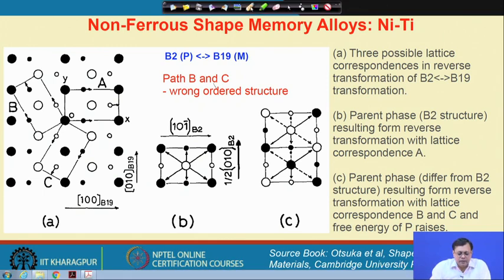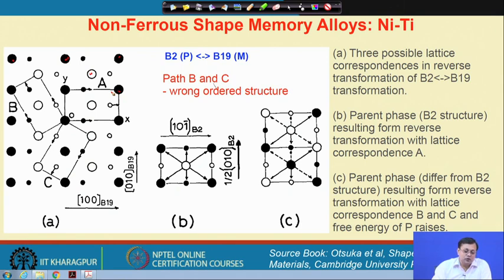Here a schematic diagram is shown to understand the crystallography in nickel titanium. The larger bubbles represent a particular type of atom, which has the possibility of being either here or here. So, let us say this is a B2 type of structure first.